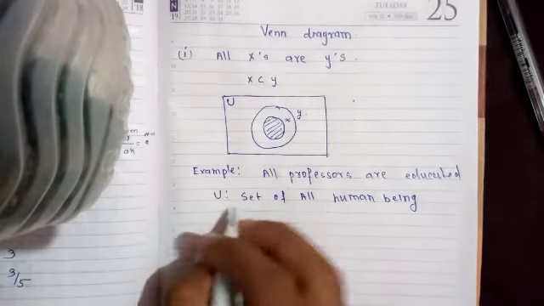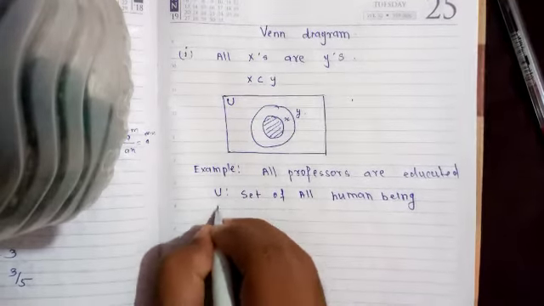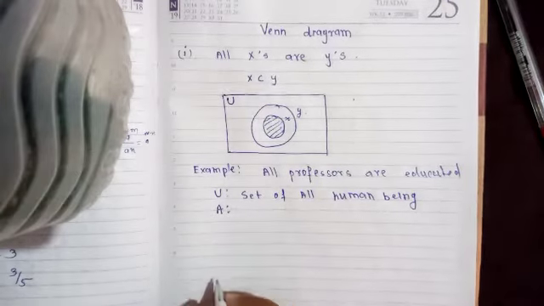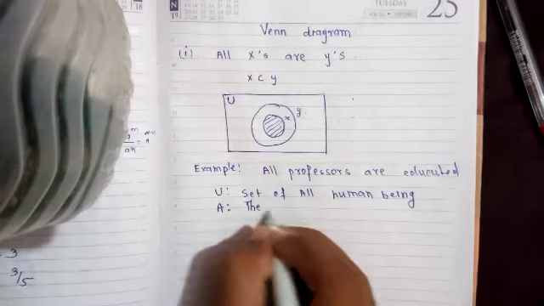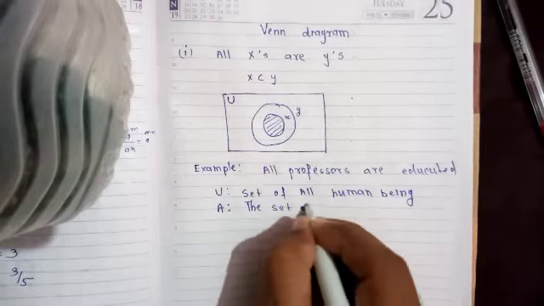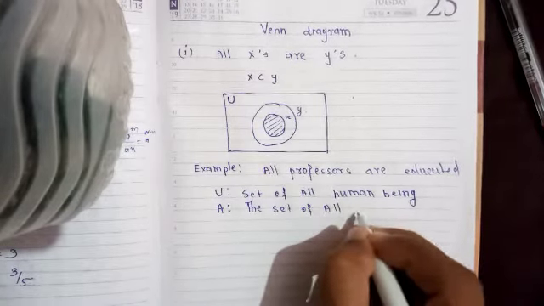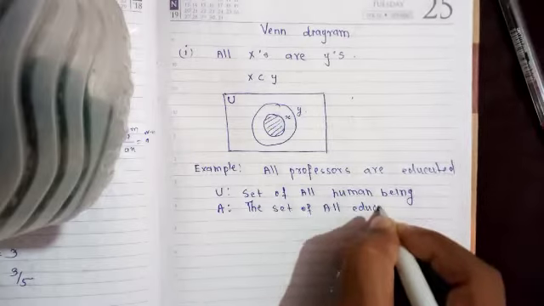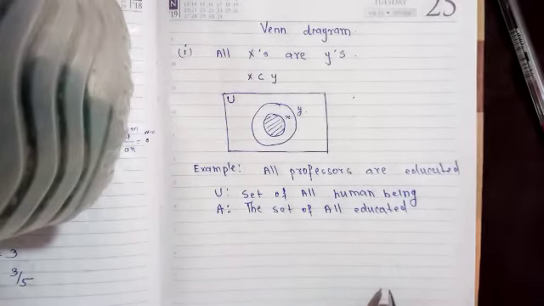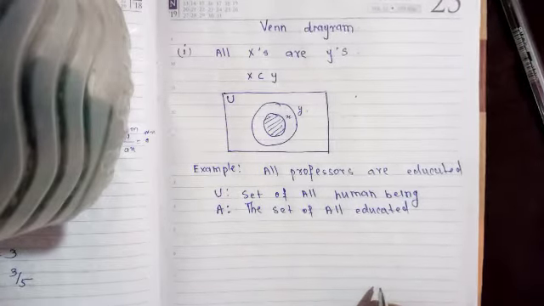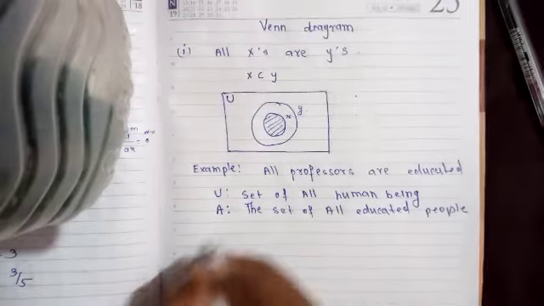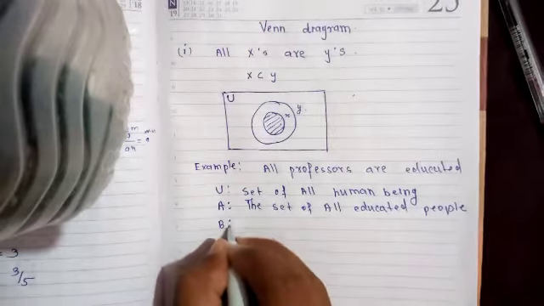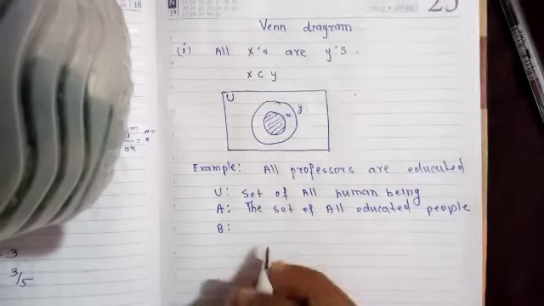Then you will define a set A, that is the set of all educated people.